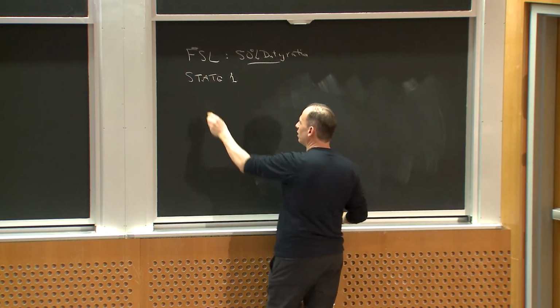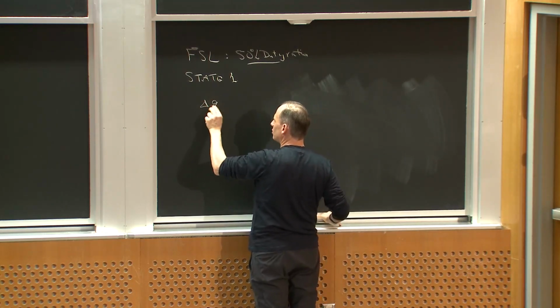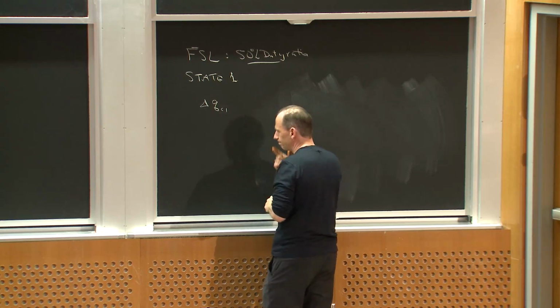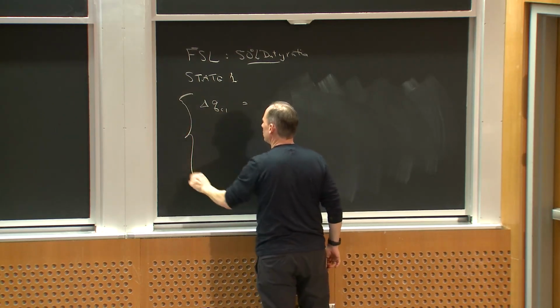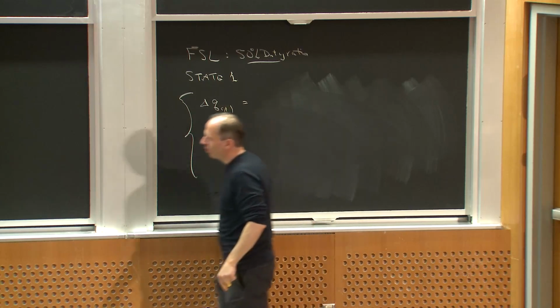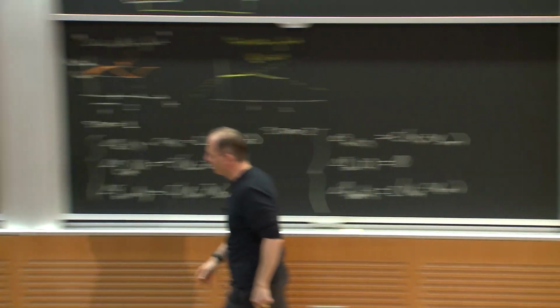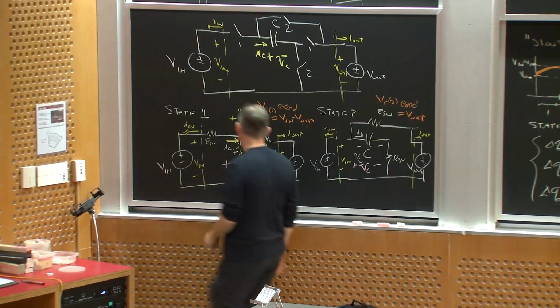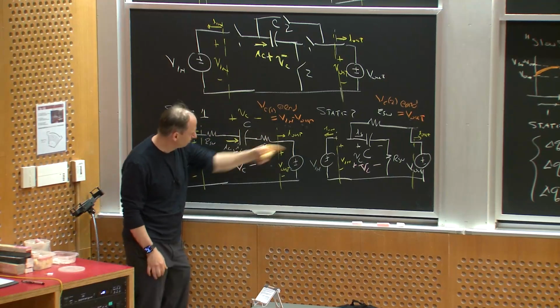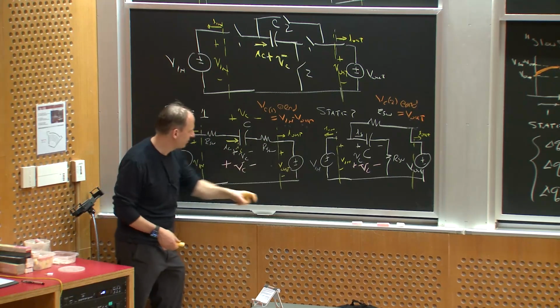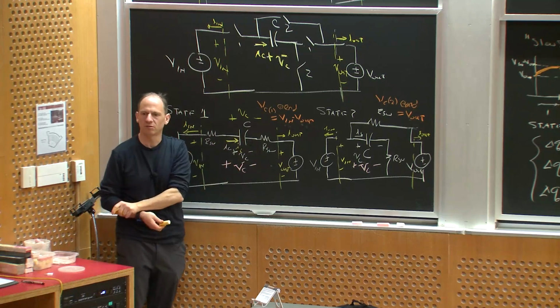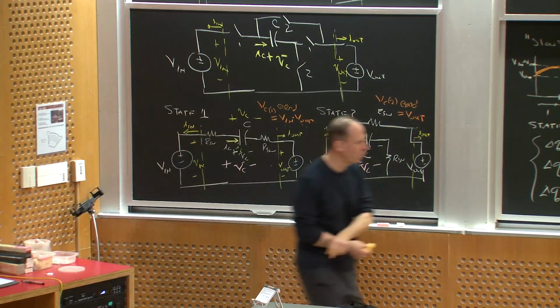So in state 1, what do I get for delta QC1? If it's a constant voltage, I get a current that's Vin minus VC minus Vout divided by 2R switch. That's the current in state 1.